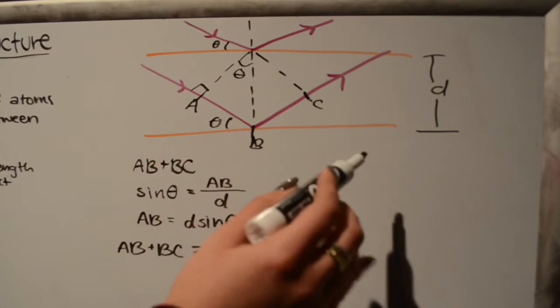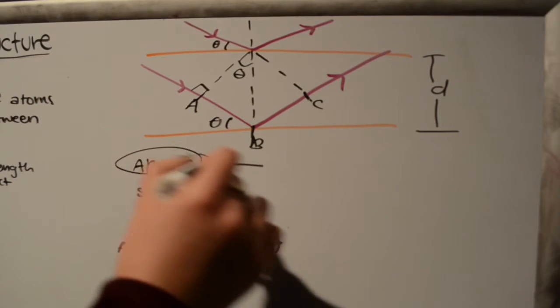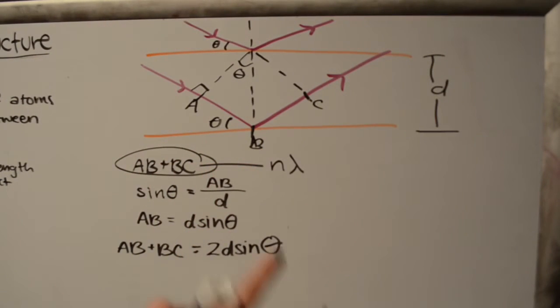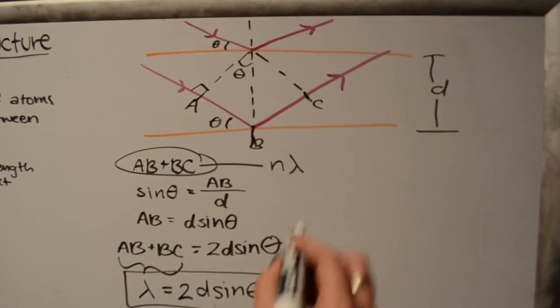So no matter what the distance is, it has to be any whole integer of the wavelength. So we can replace this AB plus BC with lambda, and then the equation becomes lambda equals 2d sine theta, which is actually known as Bragg's law.